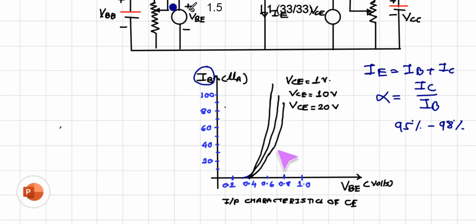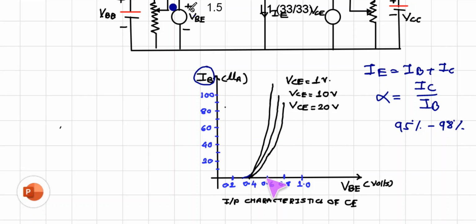Again you observe here that up to knee voltage there is no change in base current, but after knee voltage there is a very small change in VBE, but a large change in base current.